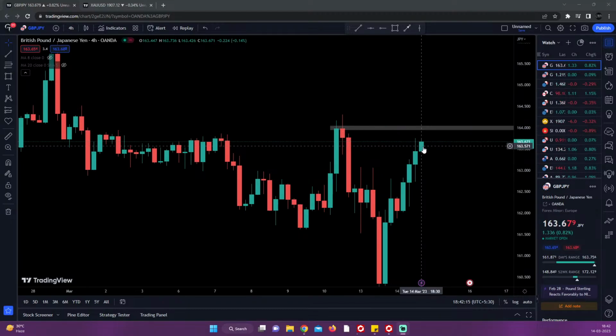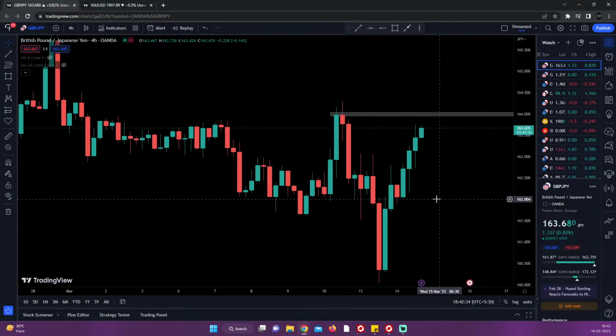And the 4-hour candle has just started over here. 13 minutes have passed in the 4-hour candle. So I think it will be moving up, and it will be tapping this 163.980 area. I really think that's gonna happen.